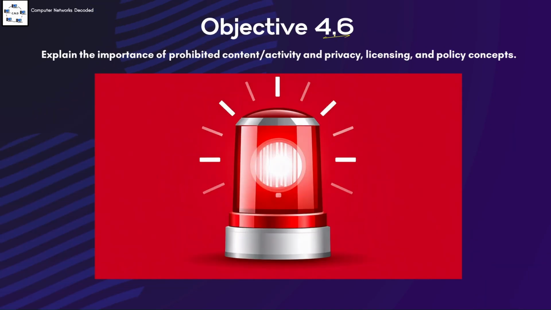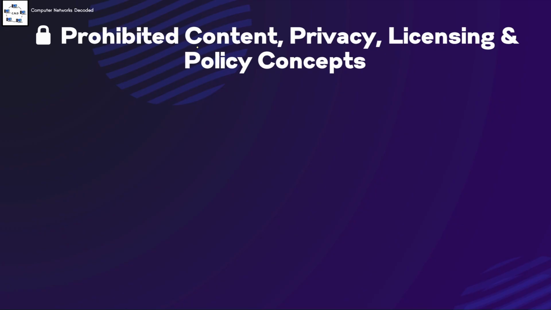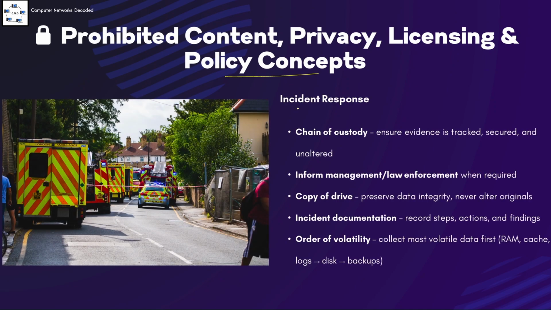Objective 4.6: explain the importance of prohibited content, activity, and privacy, licensing and policy concepts. So, what are some prohibited content, privacy, licensing, and policy concepts? The first one is incident response.